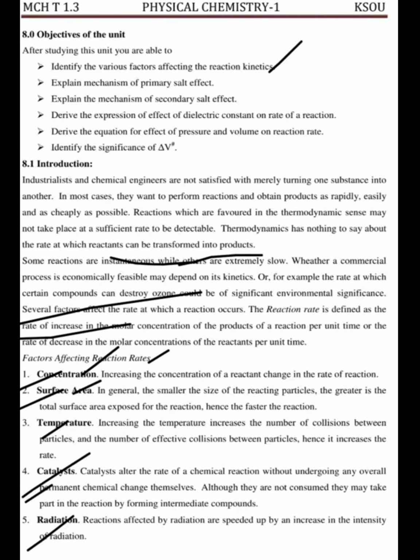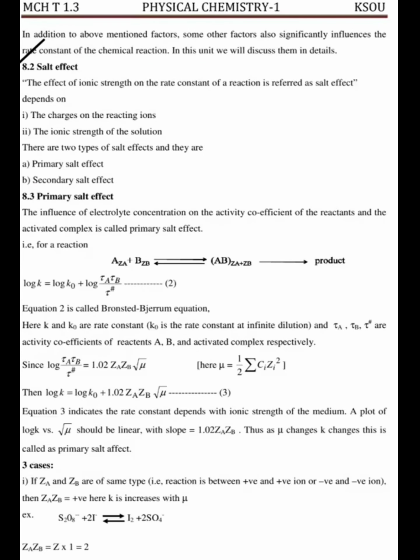And in the second point, salt effect. What does the salt effect mean? The effect of ionic strength on the rate constant of a reaction is referred to as the salt effect. So rate constant, that is, the rate of the reaction.